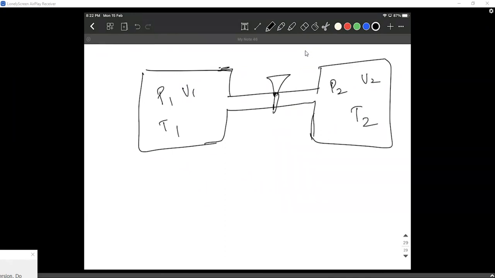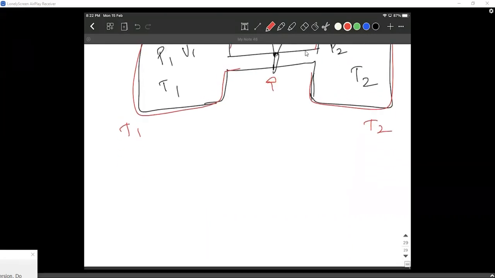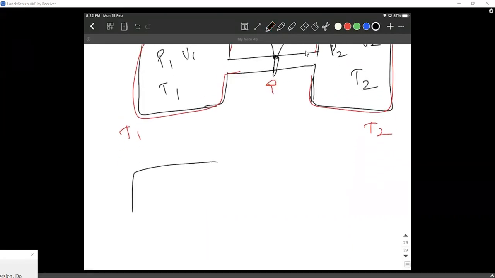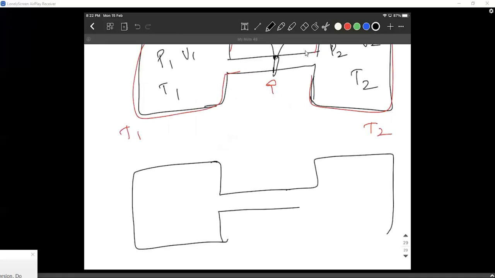They mention that this container is always at temperature T1 and this container is always at temperature T2. They open this, and once they open it, what are the final situations? You need to make these statements, like what are the initial and final cases.